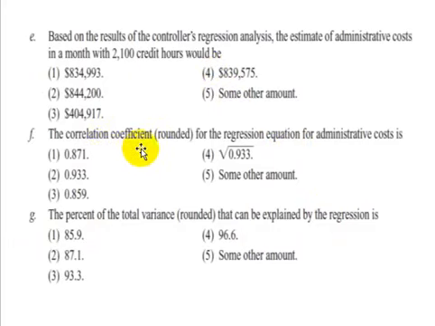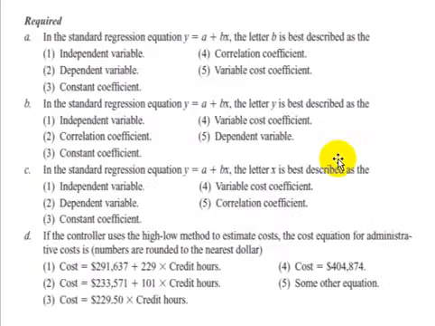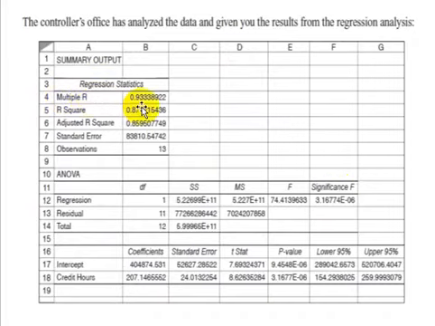The correlation coefficient, or you can say multiple R, or R, for the regression equation for administrative cost is multiple R equals 0.93, or 93%.